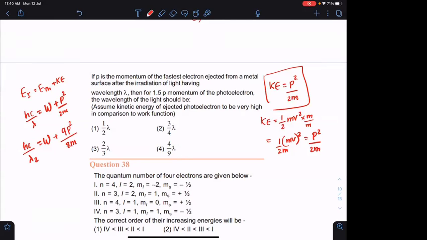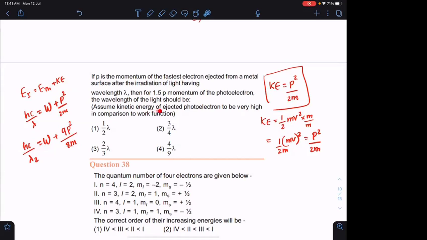In the place of W, can I substitute hc upon lambda minus P square upon 2m? यहाँ पे और एक information दिया है.